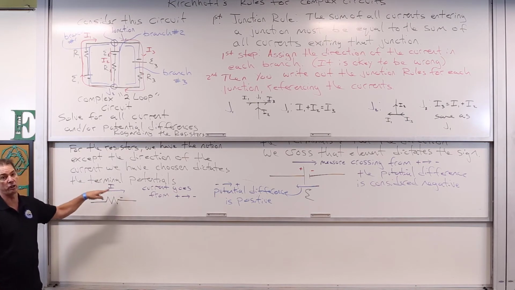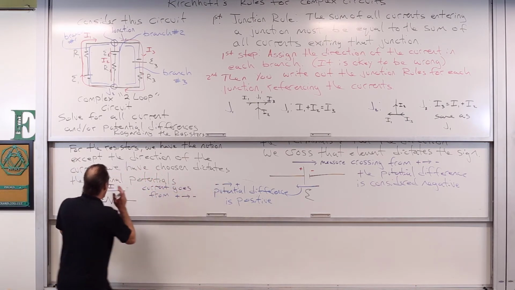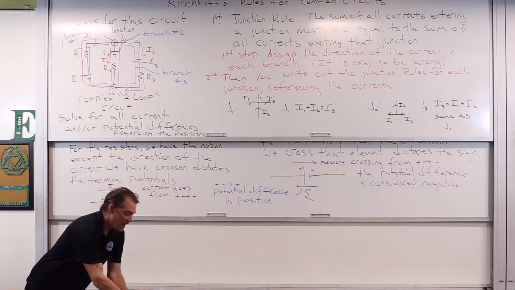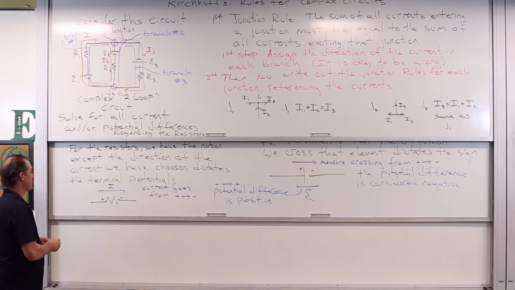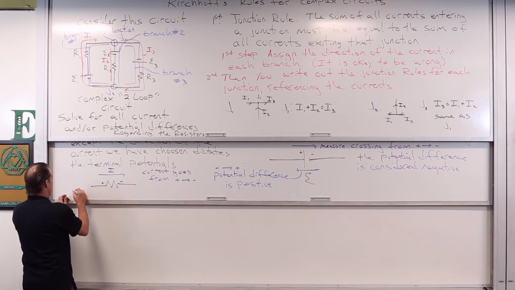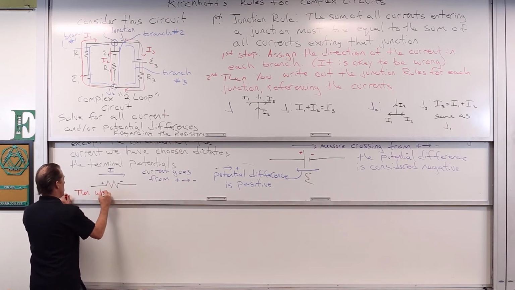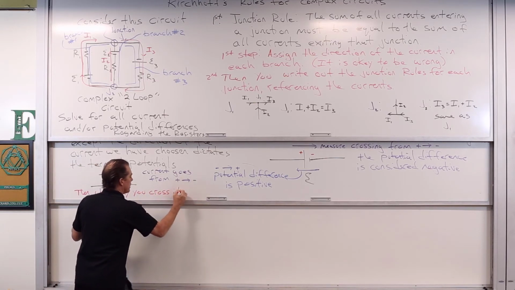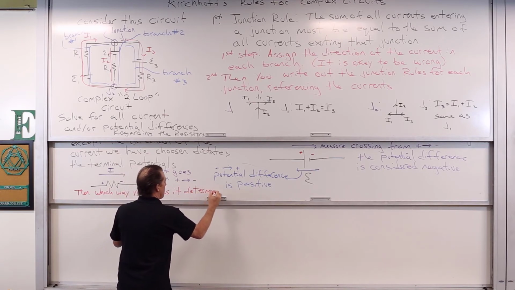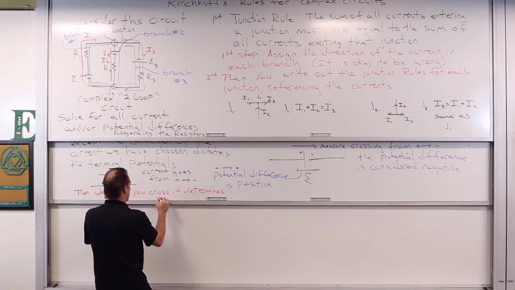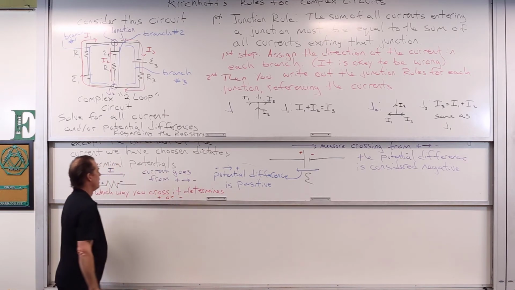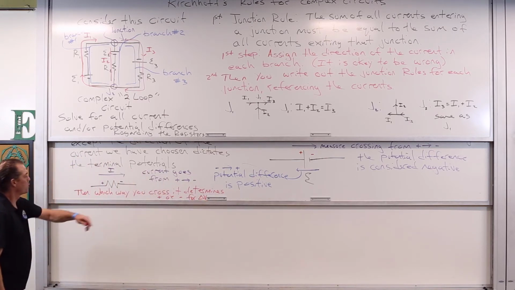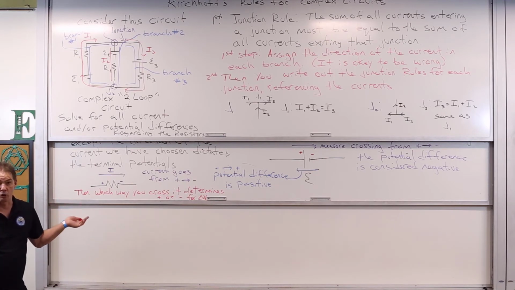So that's how we determine the terminal potentials for the resistor. We reference the current direction that we chose. Don't look at the source potential, look at the direction of the current that you chose to get the terminal potentials of the resistor. And then it's a matter of which way you go across it. Which way you cross it determines plus or minus for the potential difference across it.